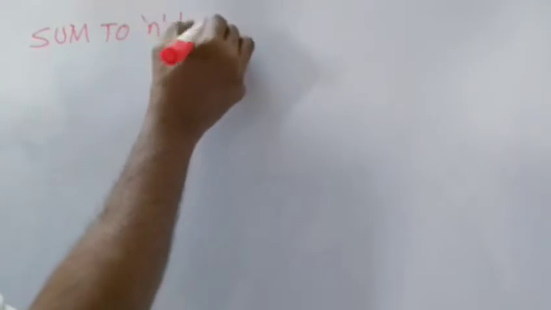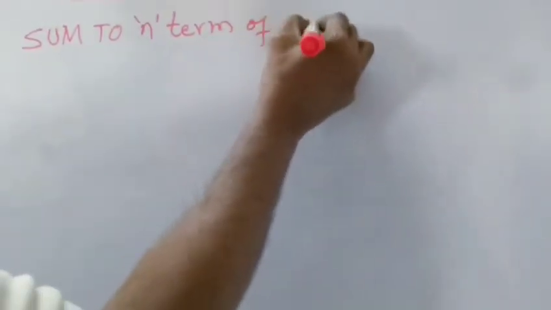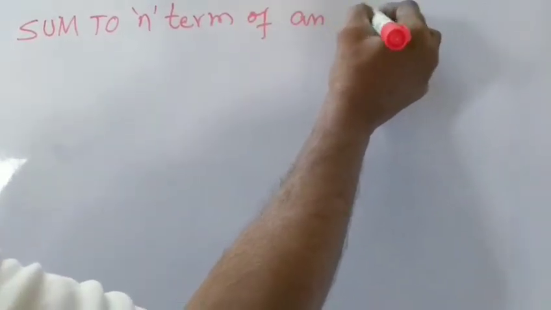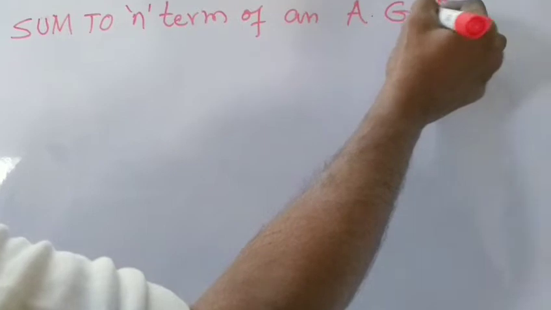Now, the sum to n terms of an arithmetic geometric progression, arithmetico-geometric progression, AGP.